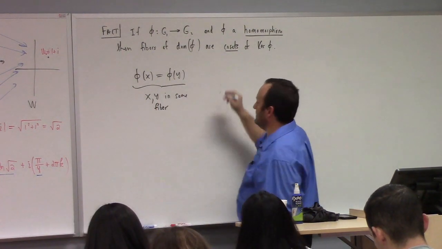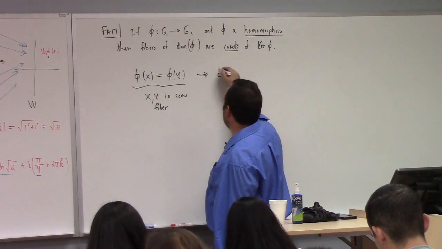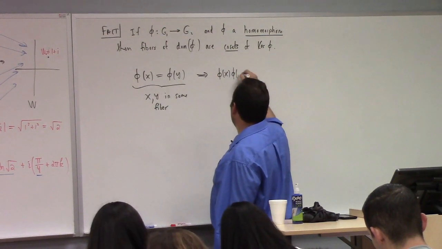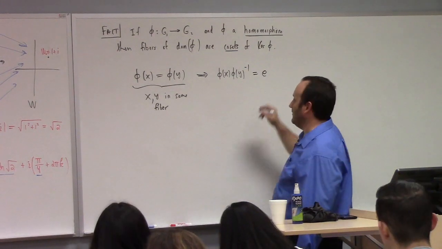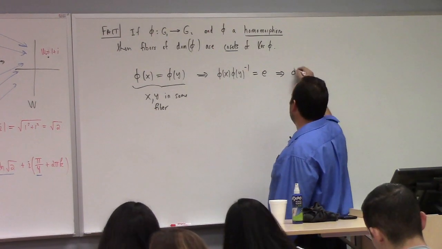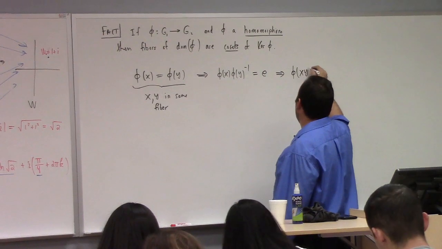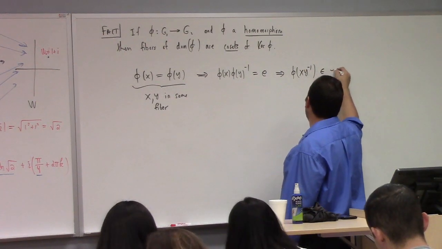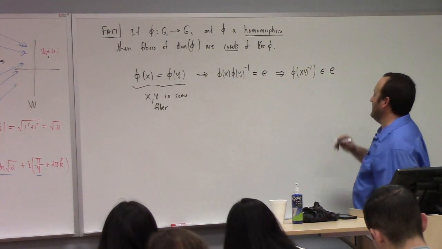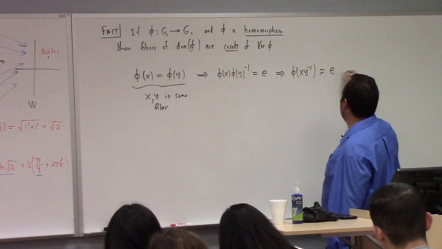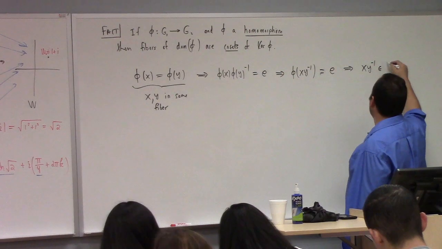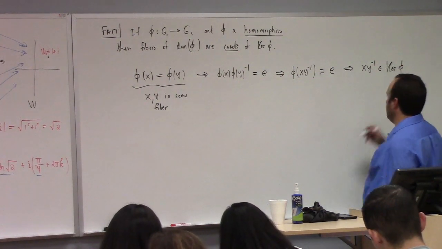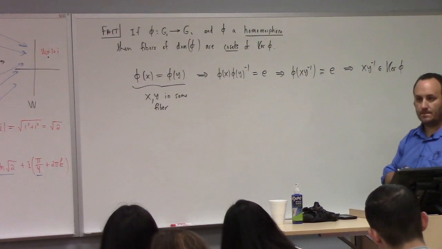But what does that tell us? That tells us that phi of x, phi of y inverse is equal to e. But remember, the properties of homomorphism tell us that phi of x y inverse equals e, which says what? That says that x y inverse is an element of the kernel of phi, right?